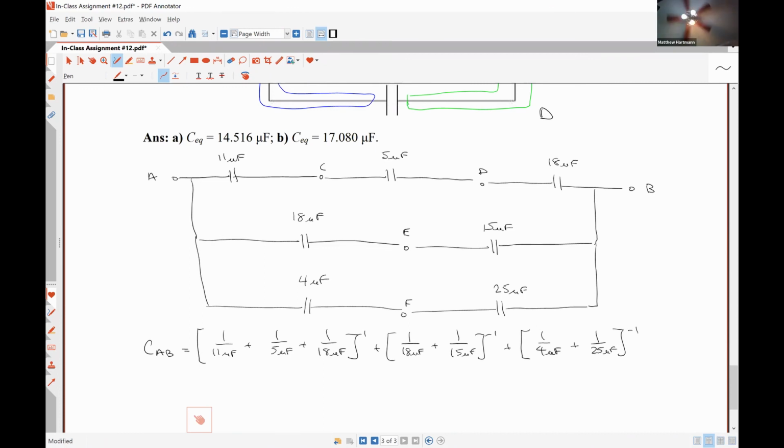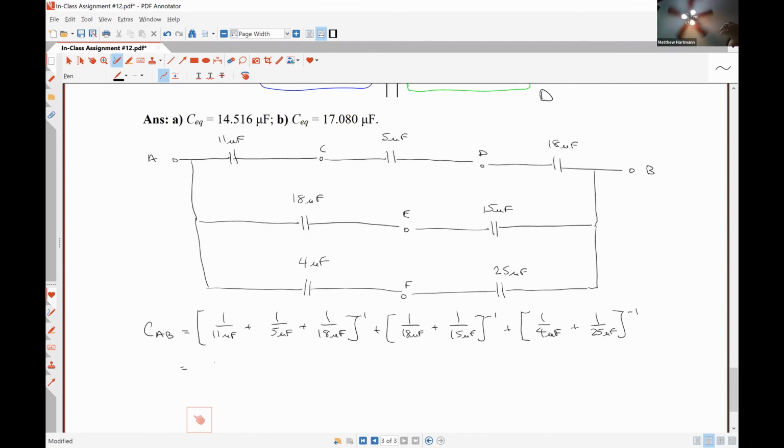Where all of my capacitors that are in series, I'm adding like they were resistors in parallel, and then all of my parallel branches I'm adding together as if they were resistances in series. And I should get 14.516 microfarad.